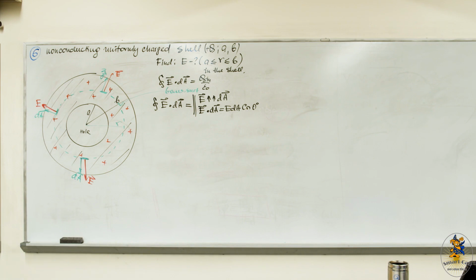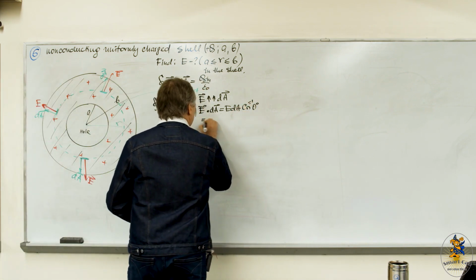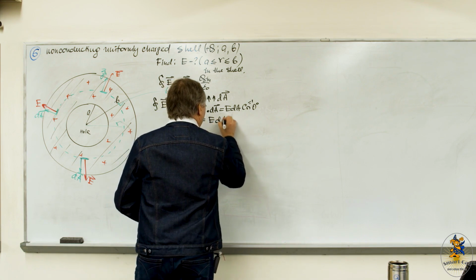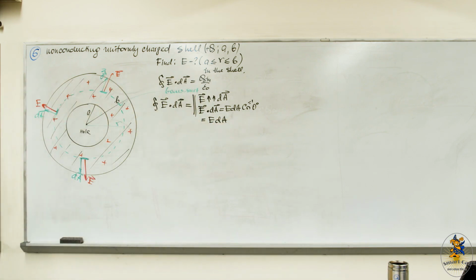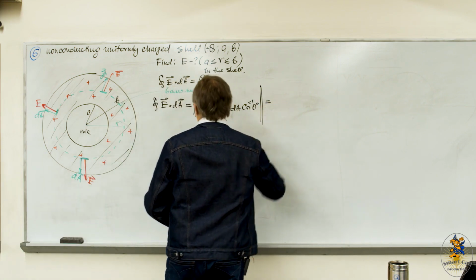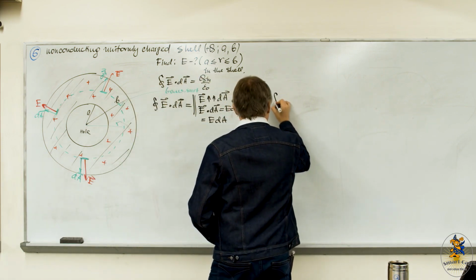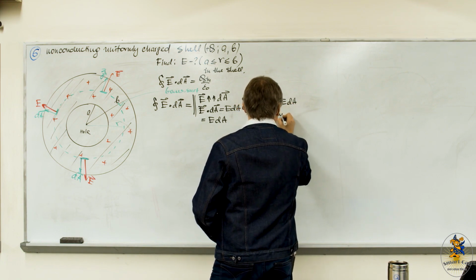And you see, cosine of 0 degrees is 1. So as a result, we have just a product of magnitudes left. It's not a dot product. It's just a product of two magnitudes, two positive values. So the directions disappeared. Now I can rewrite it as the integral of E dA, over the same Gaussian surface.